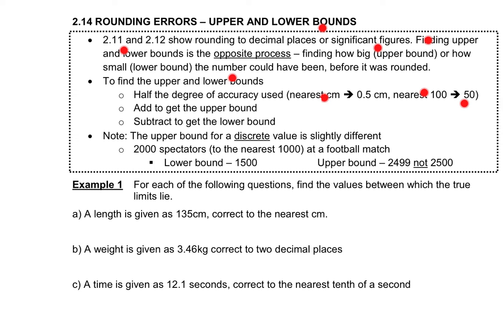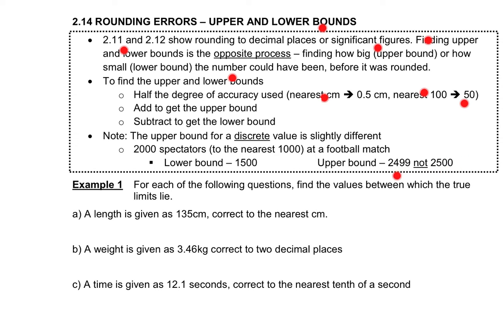But when you're talking about something like spectators at a sports match, if this was 2,000 spectators to the nearest 1,000, then the smallest number that could have been rounded up to 2,000 is 1,500. So to the nearest 1,000, that would be rounded up because 5 or more lets it soar. So that would be 2,000 to the nearest 1,000. But if you were to say 2,500, that would be rounded up then to 3,000.